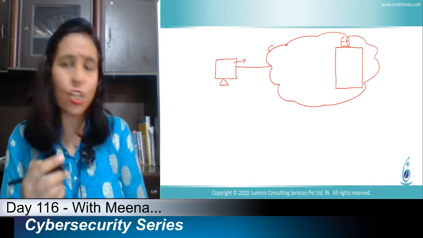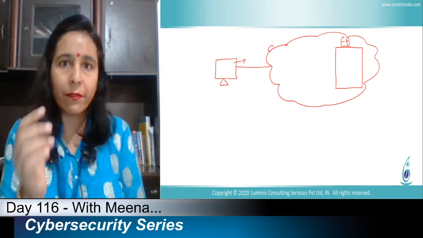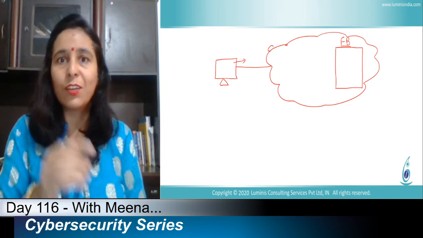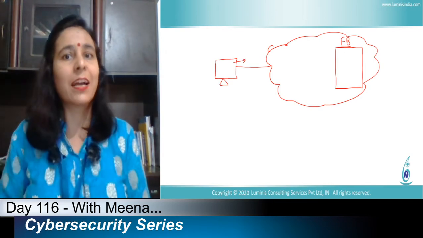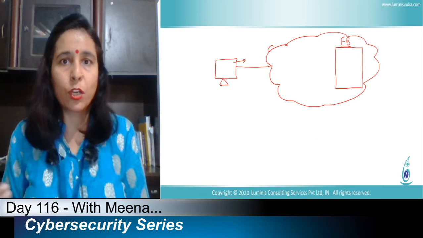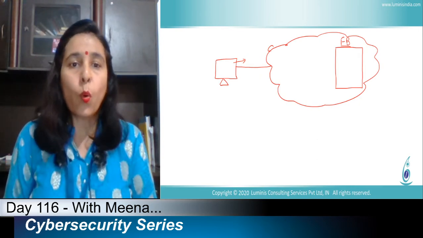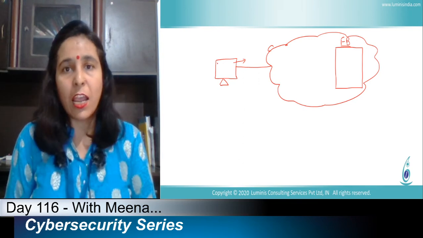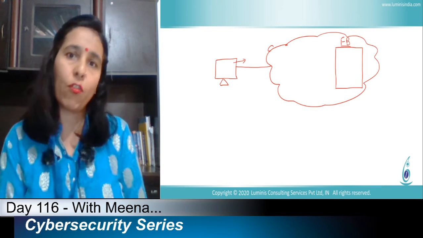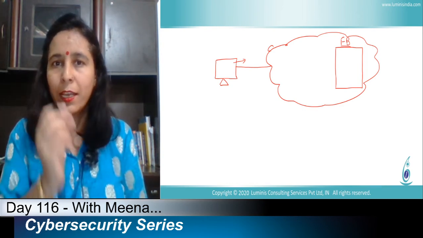The DNS server will find out the IP address of the URL which you entered, and after finding it, it will direct the request towards the destination web server where that particular website or web application is hosted. So you send a web request, and in response to that web request you get a response.